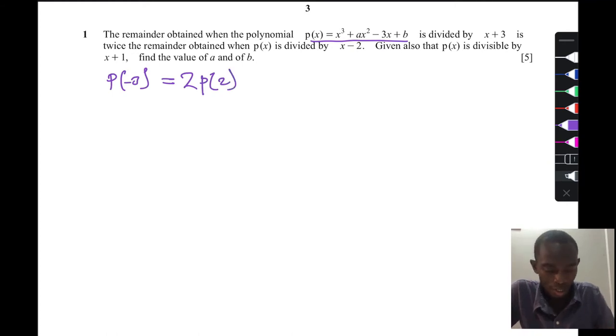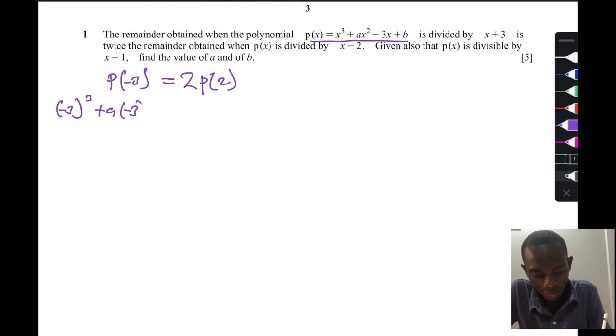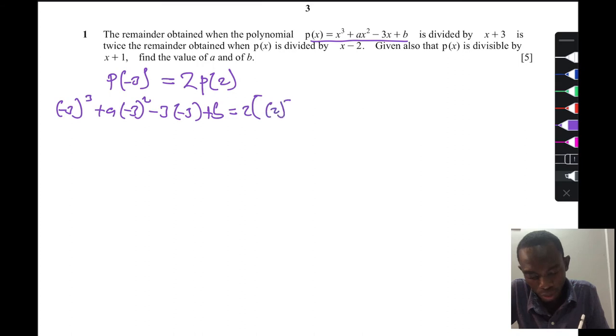Okay, so let's simplify this. So we have negative 3 cubed plus a into bracket negative 3 squared minus 3 into bracket negative 3 plus b is equal to twice 2 cubed plus a into 2 squared minus 3 into 2 plus b.